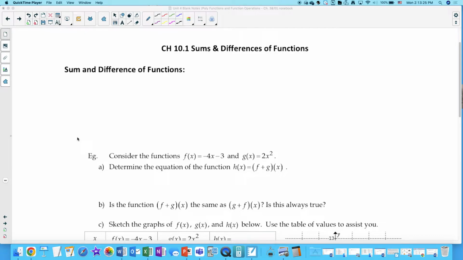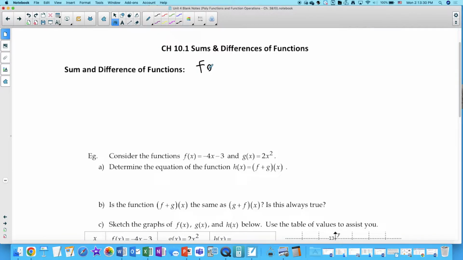Of functions, if we have two functions, let's say f of x and g of x, we can create a new function by taking the sum or the difference of these two functions.